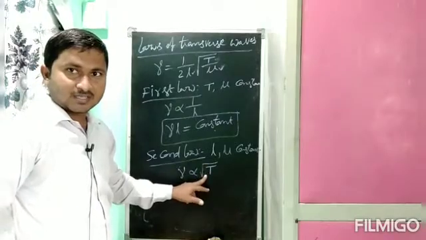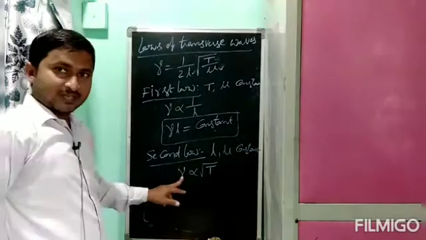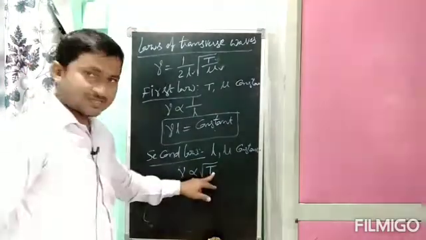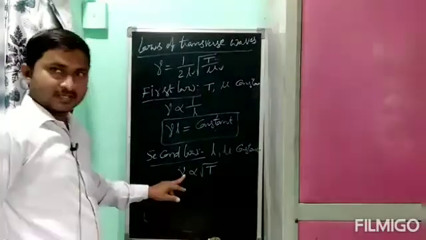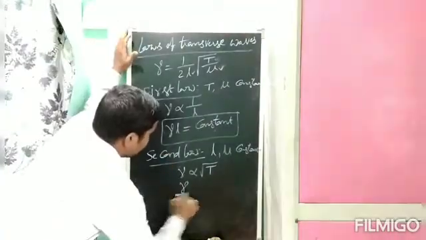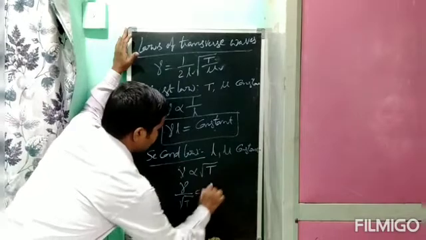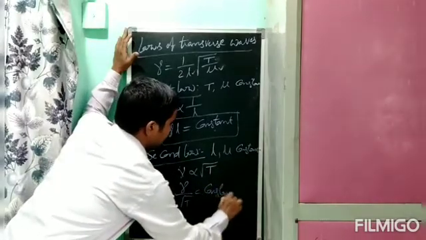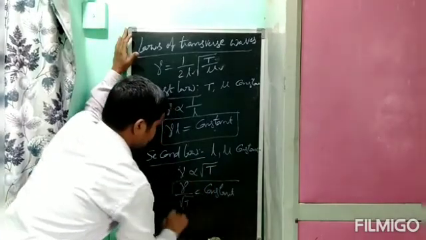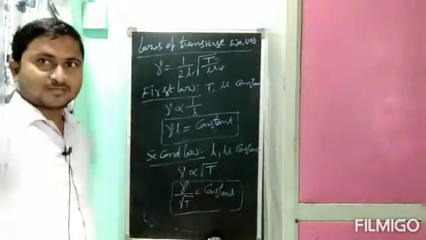If the tension is more, automatically the frequency is more. If tension in the string is less, the frequency is less, or nu by root T equals constant. This is called the second law of transverse waves.